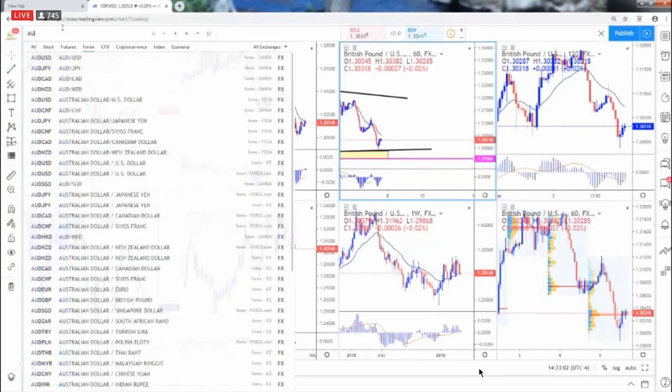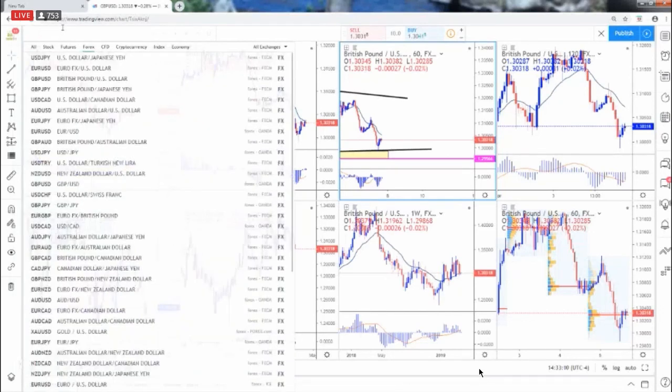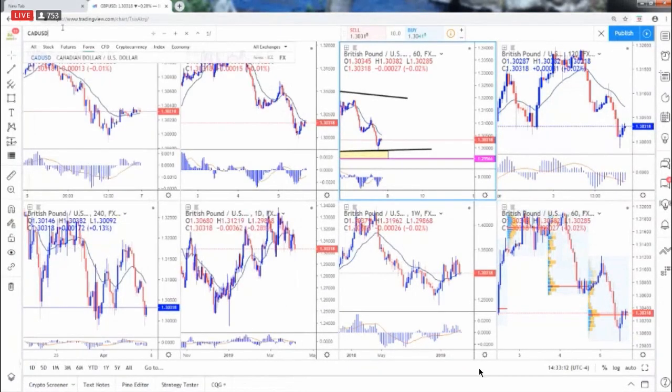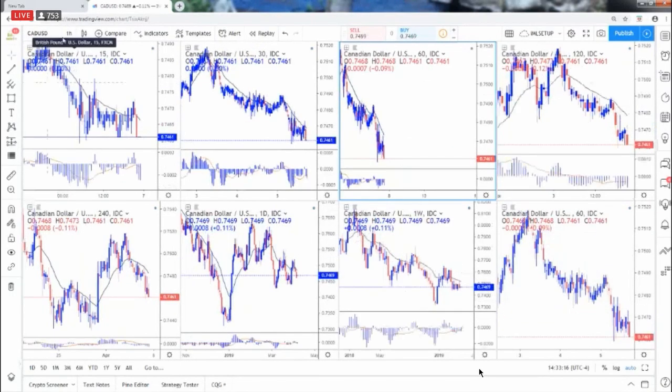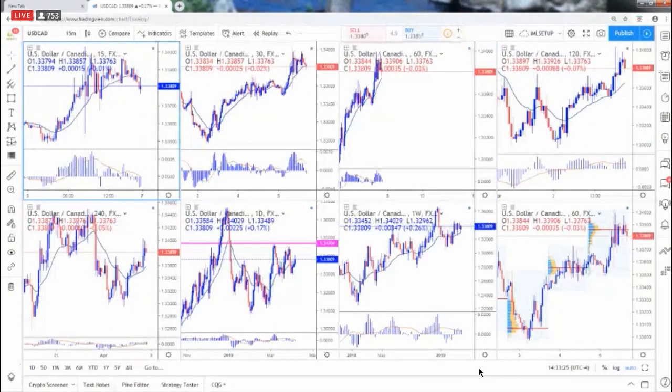AUD. No, we looked at that already. Hold on a second. CAD. We'll look at some of these other markets also. Oops, sorry about that. Okay.